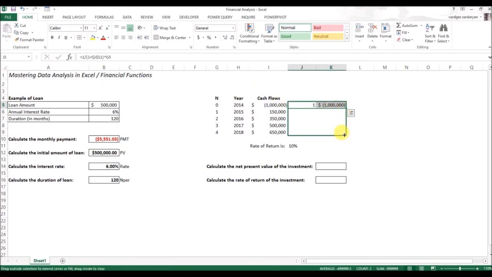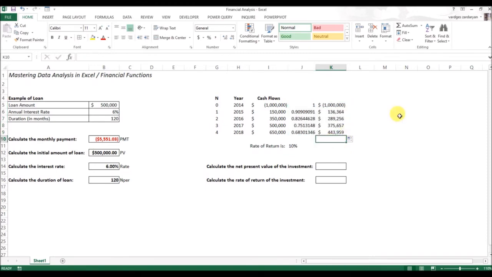Let's expand these formulas and calculate the sum. It means that the net present value of our project is $245,000.